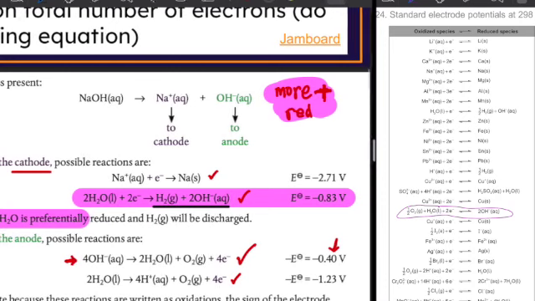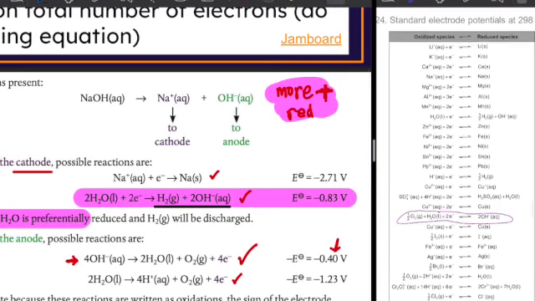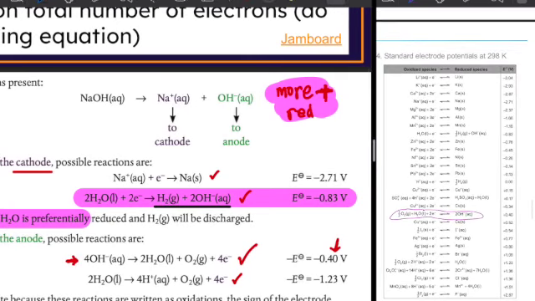Okay, at the anode, the first thing that I look at is the electrode potentials and I identify where they are. Here's my OH minus, and here is my water, and I need to be really careful to find the right water.